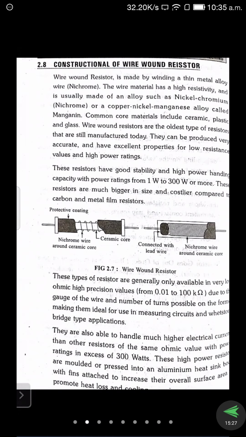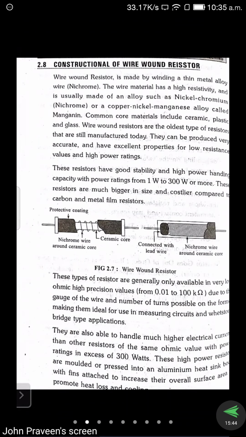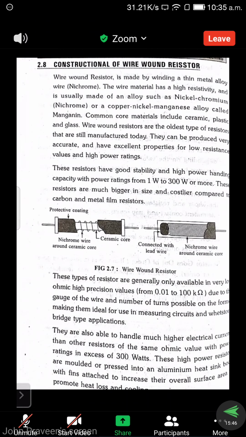The ranges available are from 0.01 to 100 kilo ohms. In these ranges only they are available. The power range available is up to 1000 watts, starting from 1 watt up to 1000 watts.